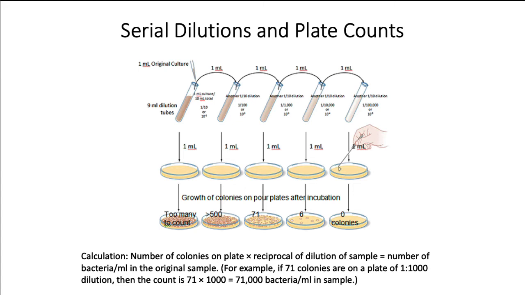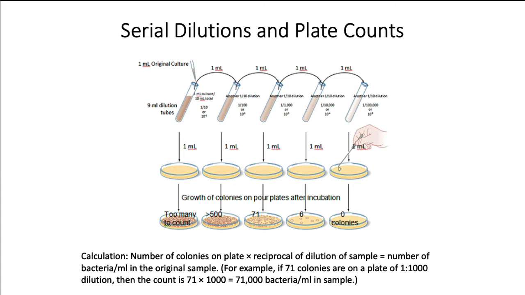So usually a good number is between, let's say, 50 and 150, or up to 200 sometimes. So it's a countable number. You don't want very few, because very few could be just a contamination or a manipulation error. So that's why you dilute, and that's why you do this wide range of dilutions.